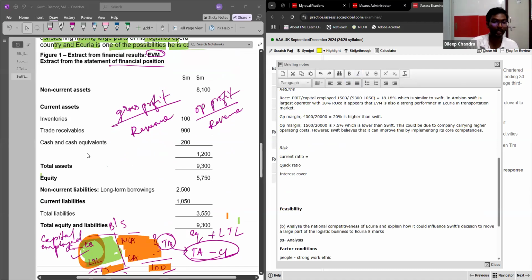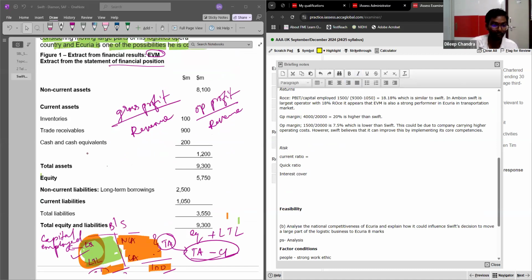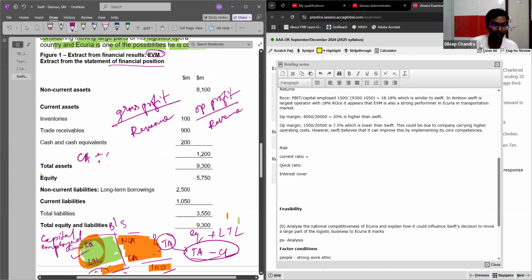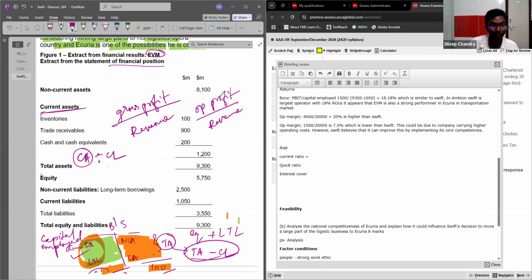Current assets divided by current liabilities, right? What all comes under current assets? All these three things come under current assets. Current liabilities, directly they have given 1050.